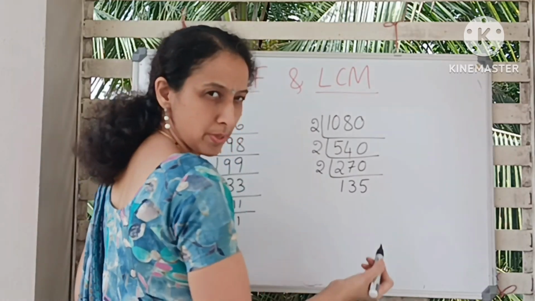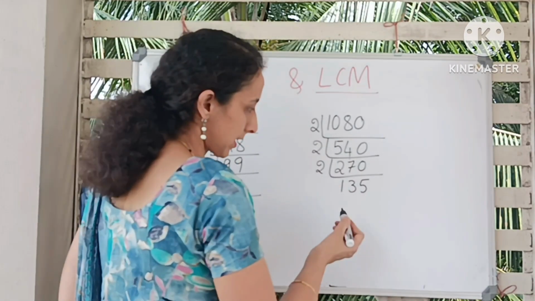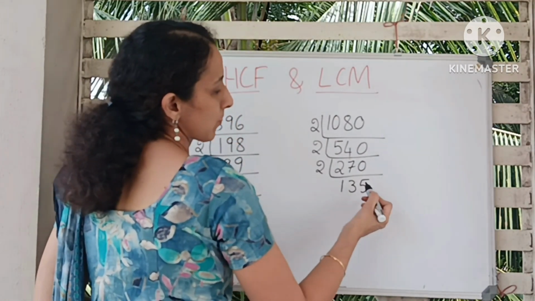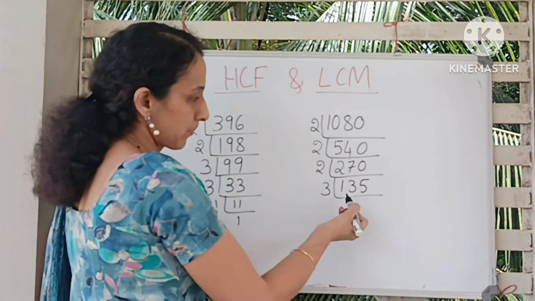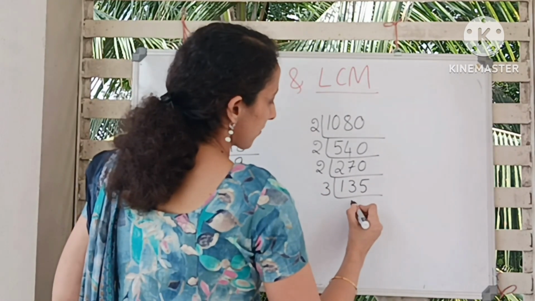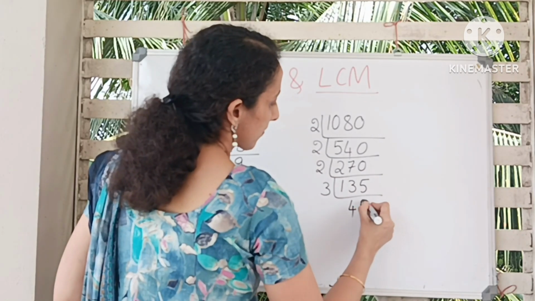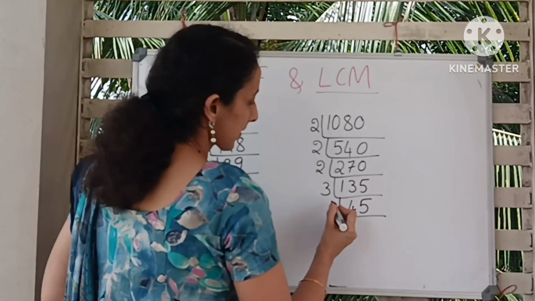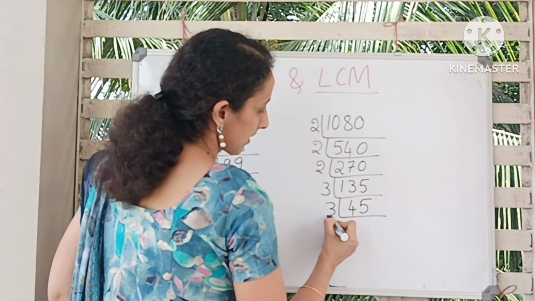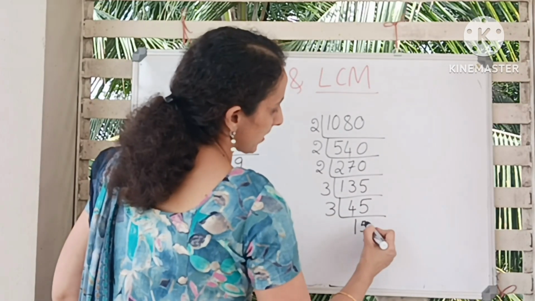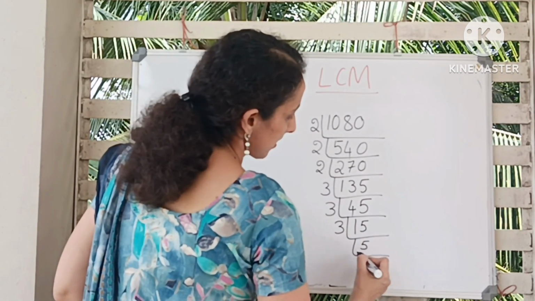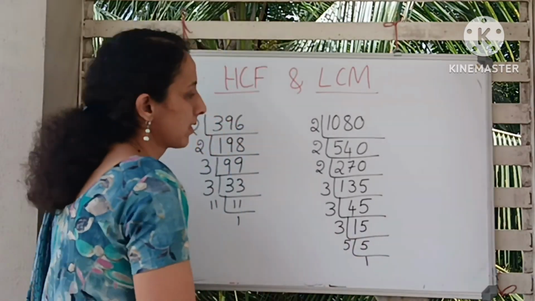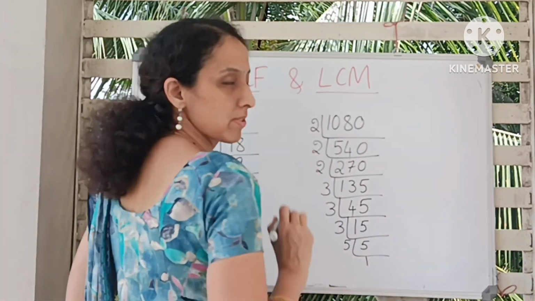And this is divisible by 5, but let me see if it is divisible by 3 first. 1 plus 3 is 4, 4 plus 5 is 9. Yes, it is divisible by 3, so let's start first with 3. 3 4s are 12, 3 5s are 15. And again this is divisible by 3. 3 1s are 3, 3 5s are 15. This is divisible by 3 again, then 5s are 5 and 5 1s are 5. We found the prime factors of 1080.